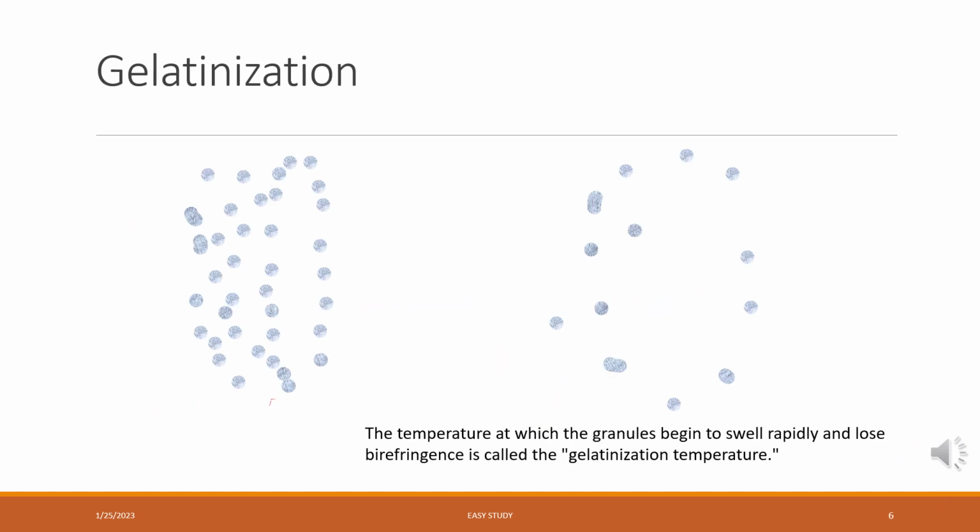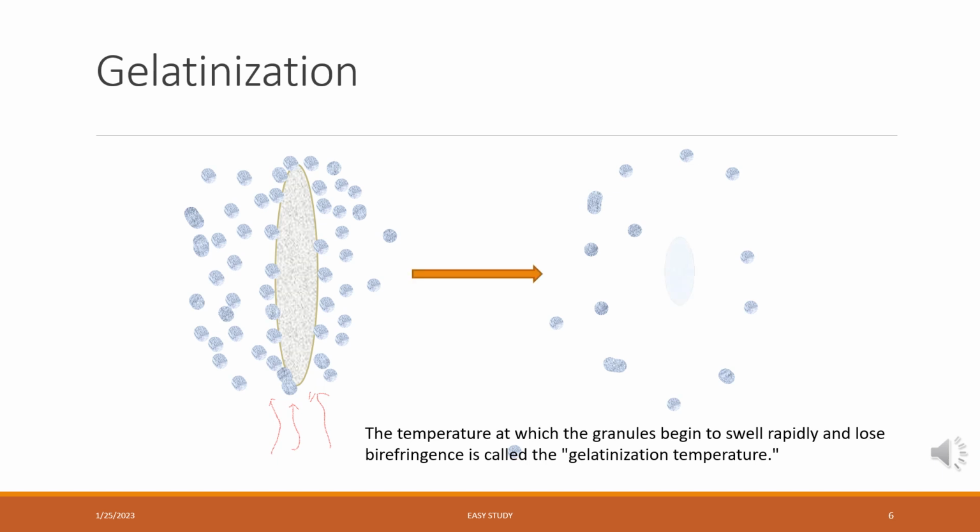An important terminology with starch is gelatinization. For example, let's take rice starch, the rice grain. If a mixture is heated in the presence of water, intermolecular hydrogen bonding in the starch granule is broken and the grain absorbs more water and swells.